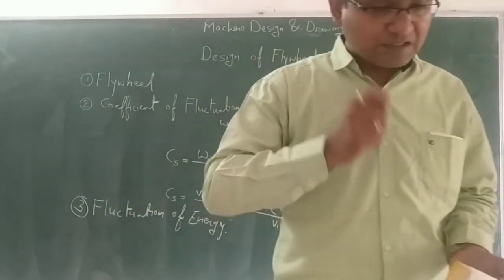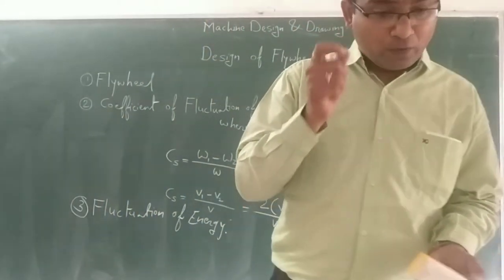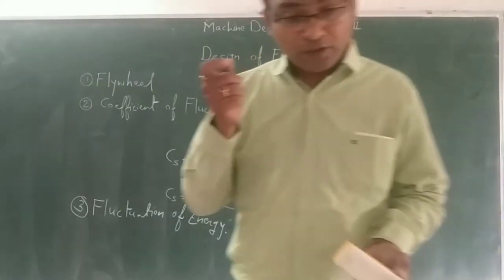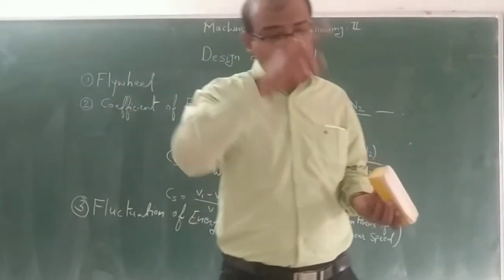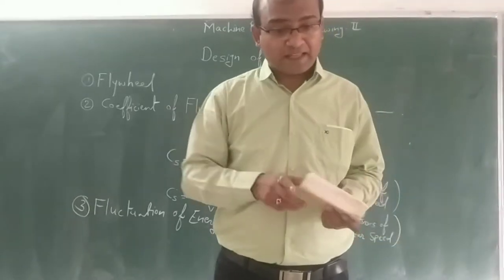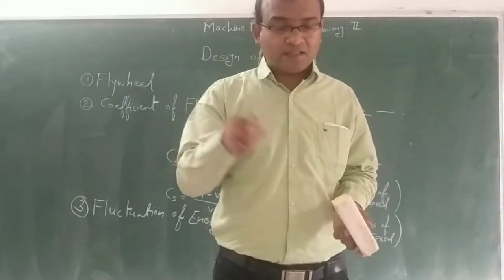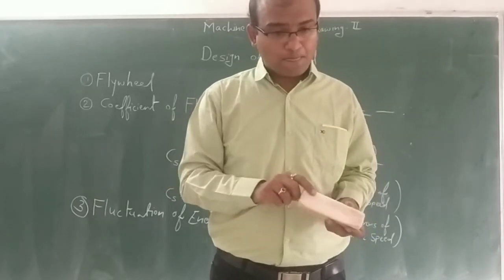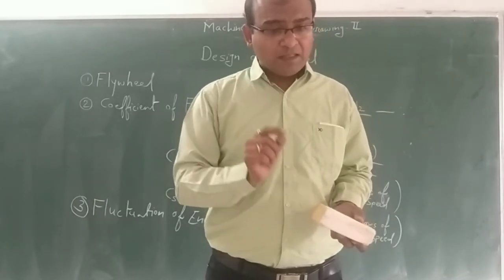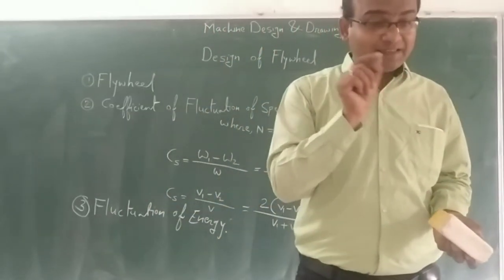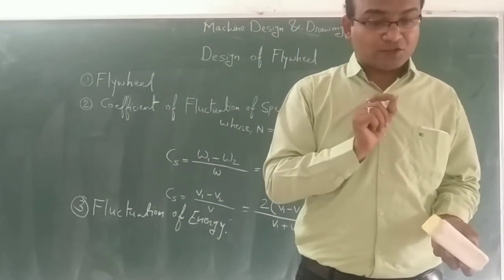You can check 0 to 180 degrees, 360, then 540 and 720. This turning moment diagram is for a 4-stroke engine, so it rotates two times. As well, on your figure some dotted line is given. That is the mean resisting torque.